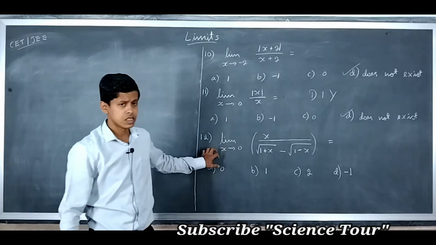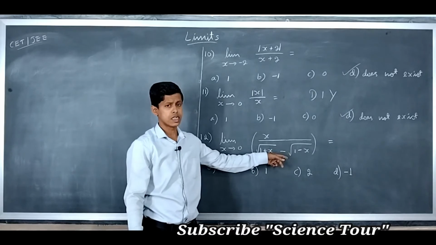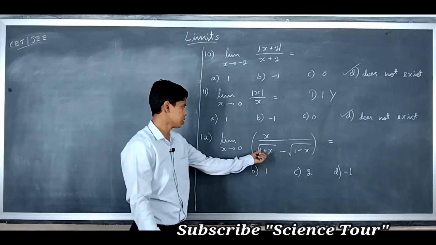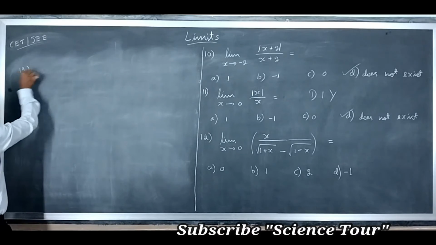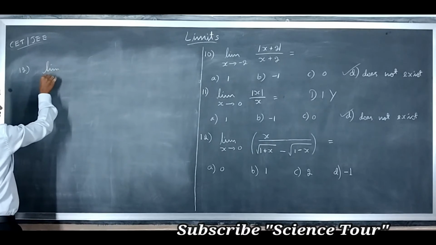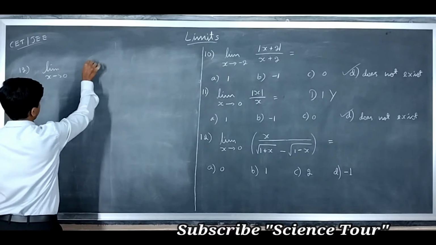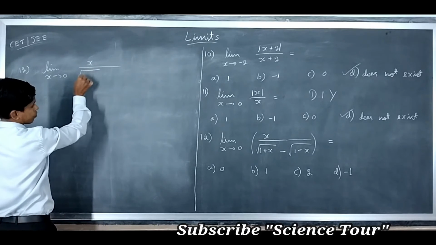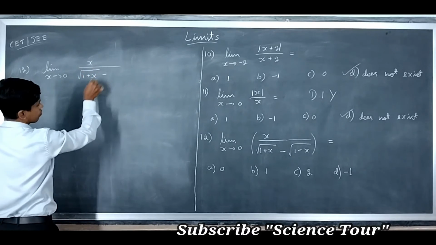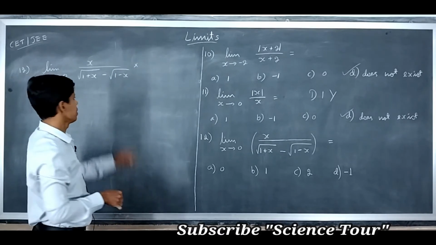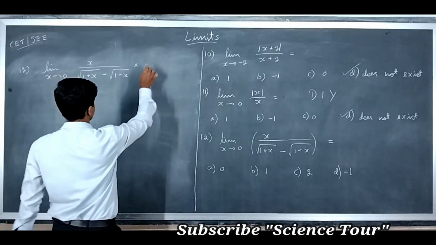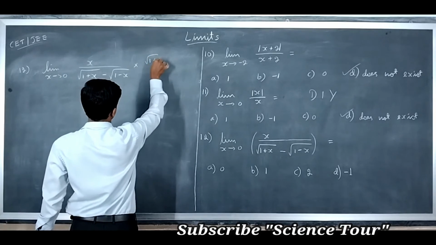Alright, look at the 12th question. As I said earlier, this is a rationalization kind of problem. You have square roots here, so multiply and divide by the positive term.